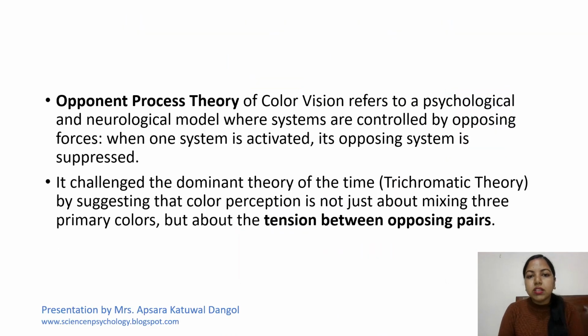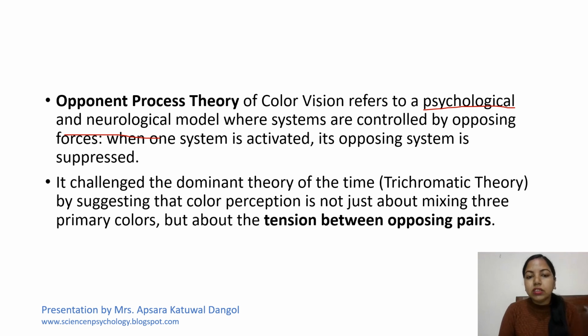Opponent process theory of color vision generally refers to the psychological or neurological model where systems are controlled by opposing forces. When one system is activated, its opposing system is suppressed. That means it suppresses the next system.